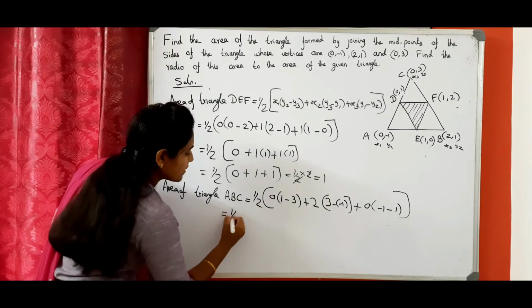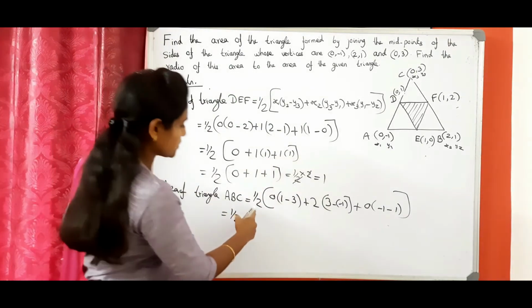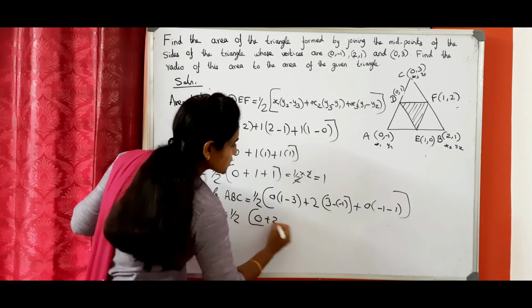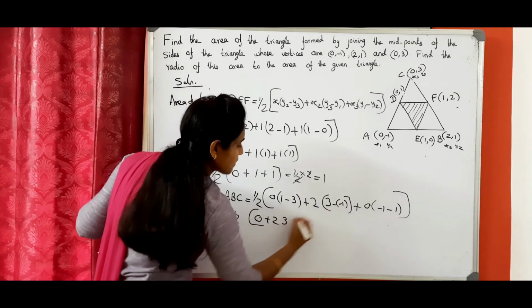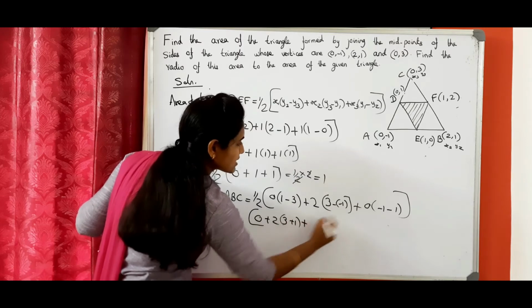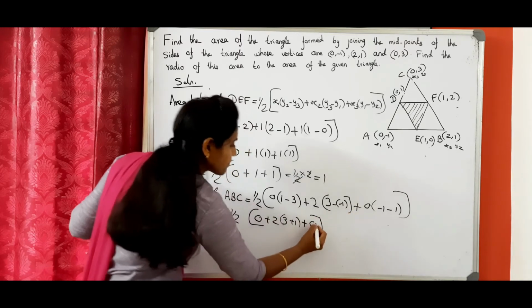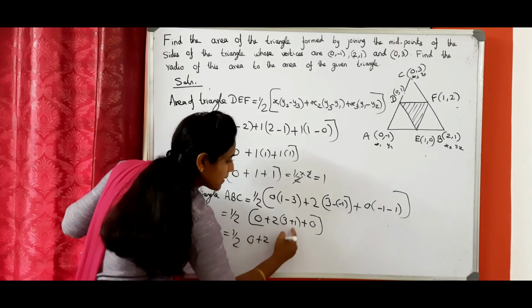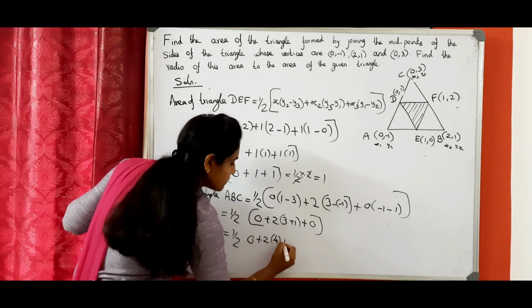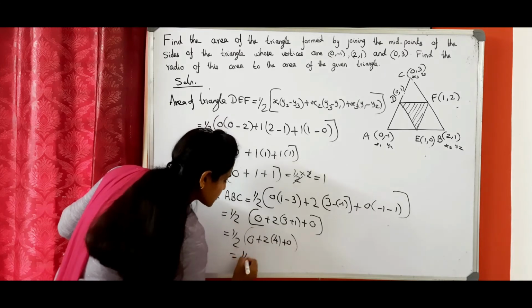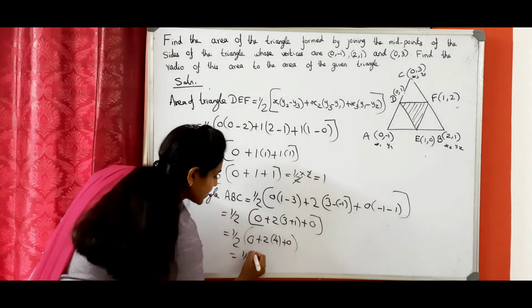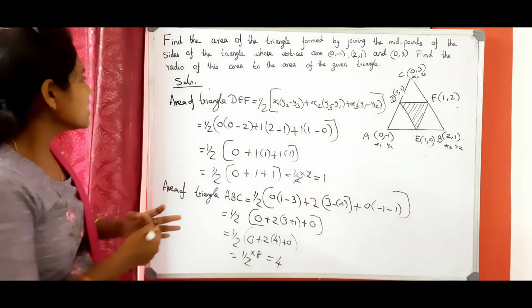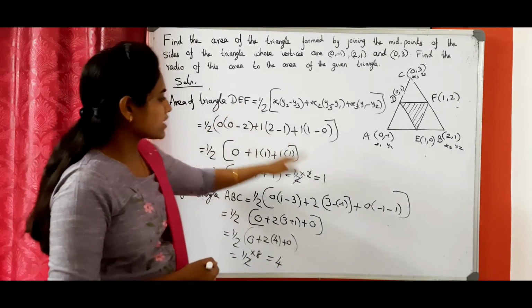Here 1 by 2 into 0 into any number is 0, plus 2 into (3 plus 1), 4, plus 0, which is equal to 1 by 2 into 8. If you cancel, we will get 4.